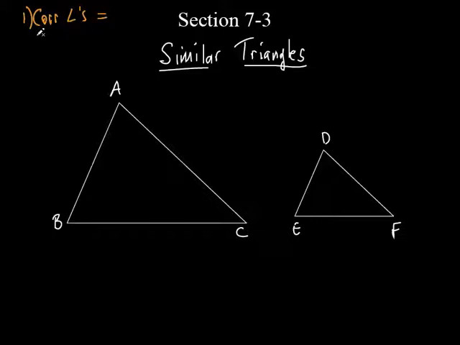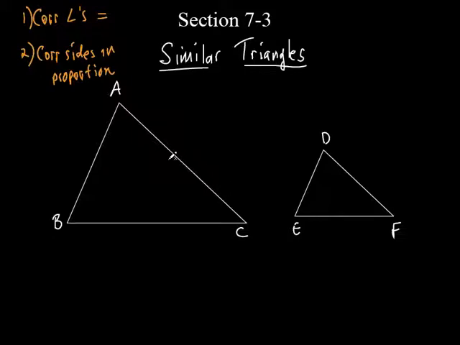So the corresponding angles must be equal. What's the second thing we learned about similar figures? We said that the corresponding sides had to be what? Are they equal as well? They're in proportion. Very good. So the corresponding sides must be in proportion if they are similar to each other.